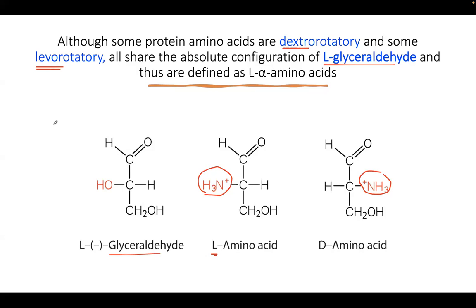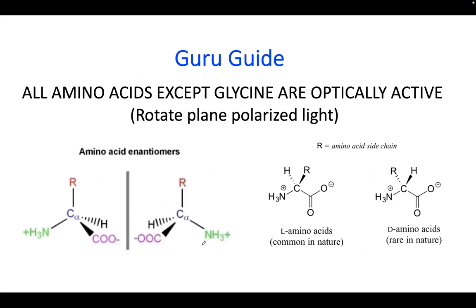Now, what is the most common form of amino acids? Is it L or is it D in humans? So in humans, it is predominantly L. Okay, it is predominantly levorotatory. Now, please take note of this.